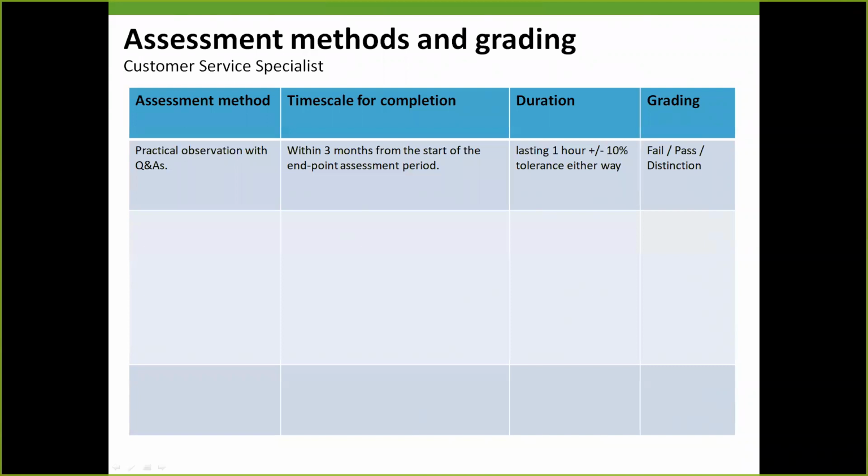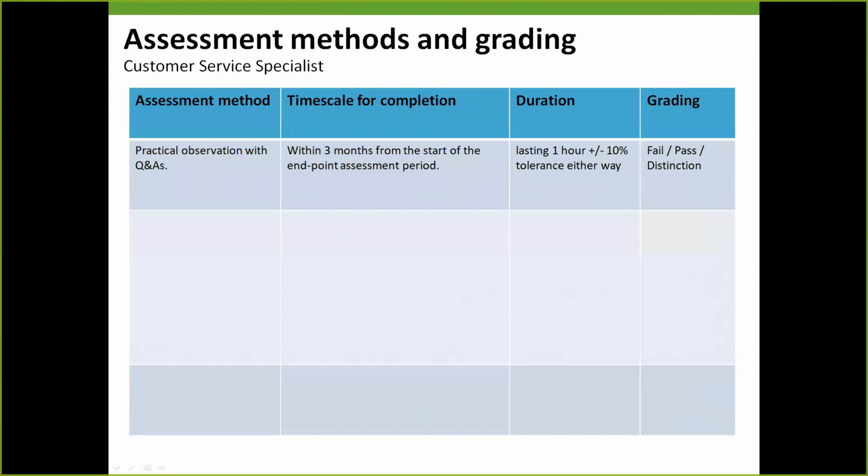So the endpoint assessor really needs to judge that time and make sure that your apprentices have plenty of time to showcase their work. It has to be done within 3 months of the start date, lasting 1 hour with a 10% tolerance. And this is pass, fail, pass and distinction as well.